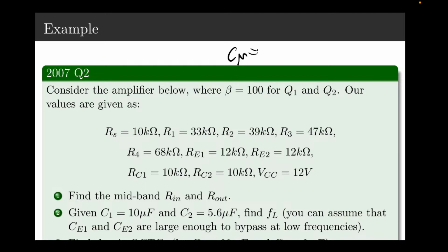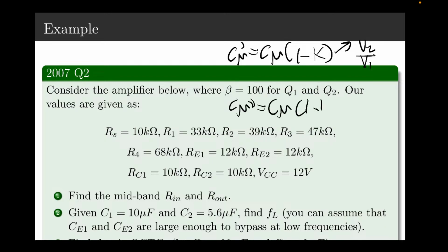You can break it down into C mu dash, which is C mu multiplied by 1 minus K, where K is V2 on V1. I'm sorry, guys. I can't really show you how this actually happens, but if I had time, I would show you how this was derived. And then your other C mu would be 1 on 1K.